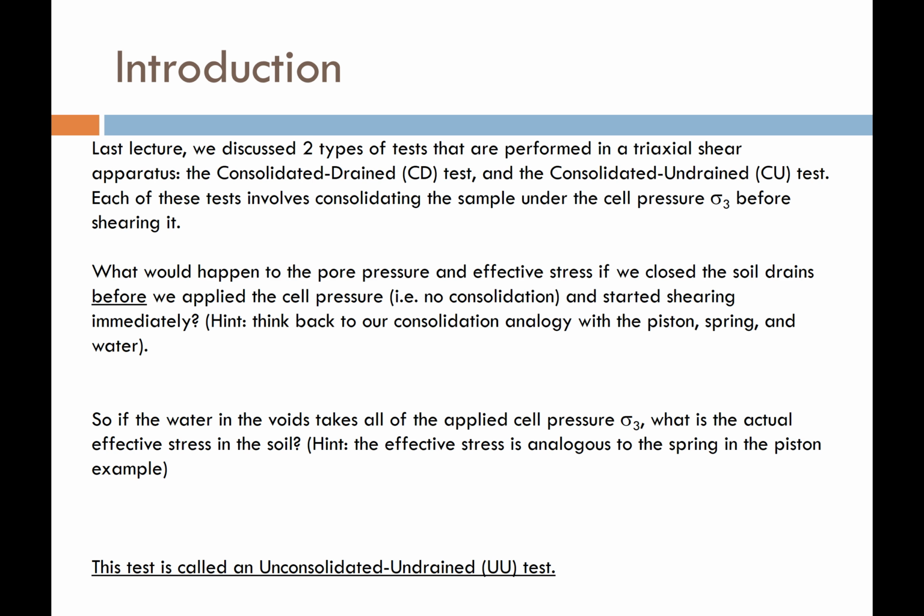In the first stage, in the consolidated drain test, we leave the drains to the soil open so that when we apply the cell pressure in the triaxial apparatus, the soil can squeeze all of the water out of it and the soil can compact or consolidate under the pressure that we're applying. And then in stage 2, for the drained portion of the test, we leave the drains open and we shear the soil sample slow enough so that there are no pore pressure effects while we're shearing the soil sample.